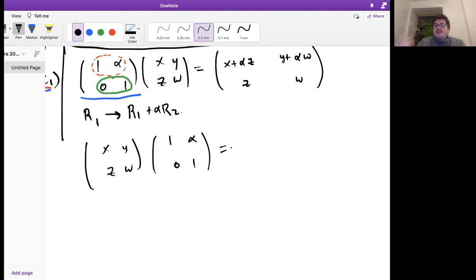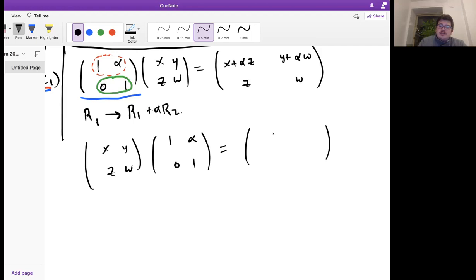Because you can't flip multiplication and expect it to be the same. But when you flip elementary matrices, they're not the same, but they're pretty close, in terms of one being a row operation, one being a column operation. So why don't we just do the multiplication now and then say what the column operation would be?